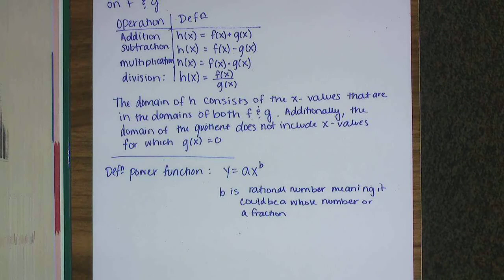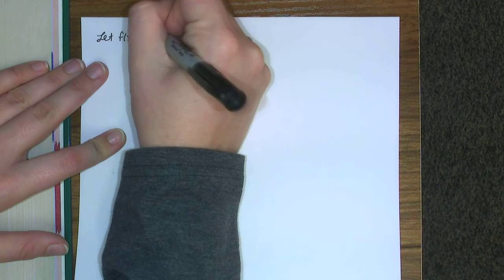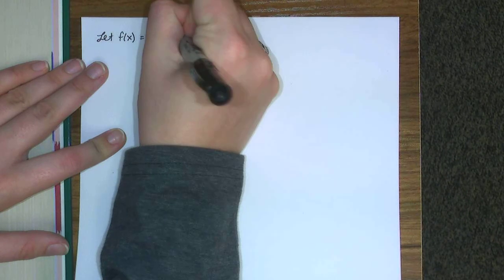We're told in the instructions that we're to let f of x be equal to negative 3x to the 1/3 plus 4x to the 1/2, and g of x is 5x to the 1/3 plus 4x to the 1/2.